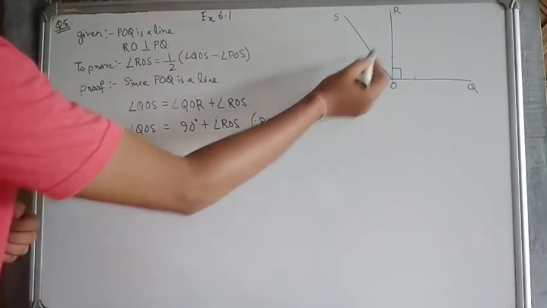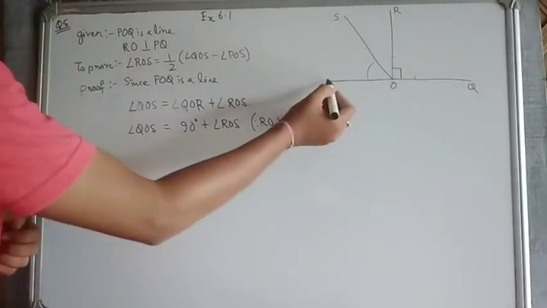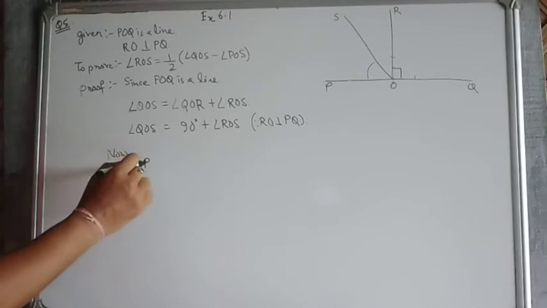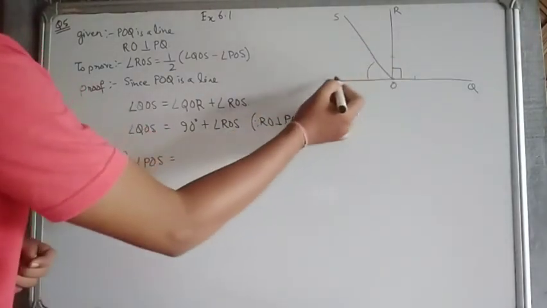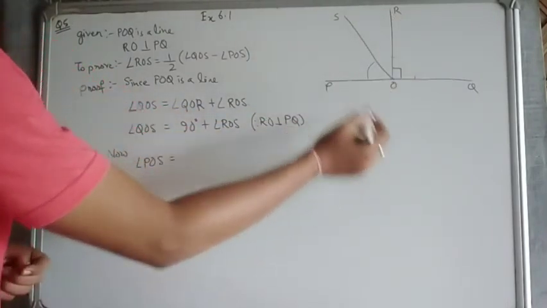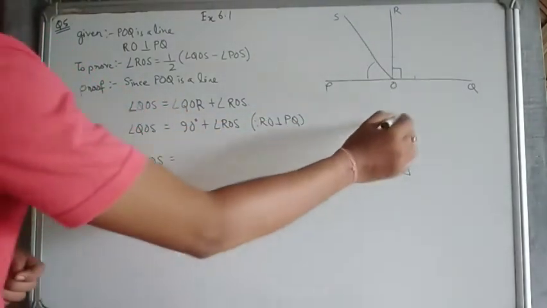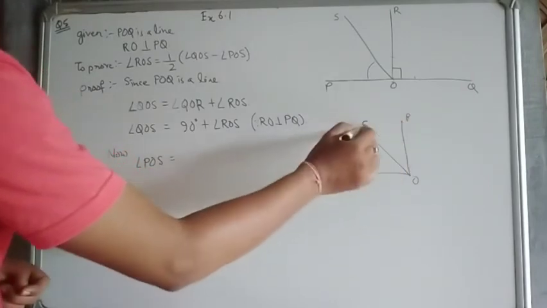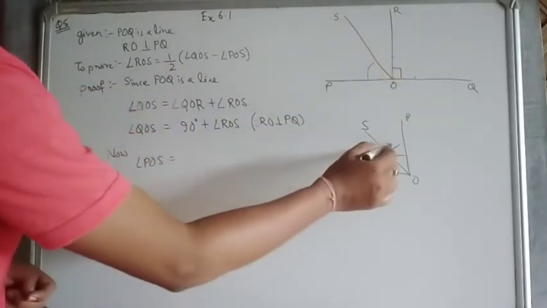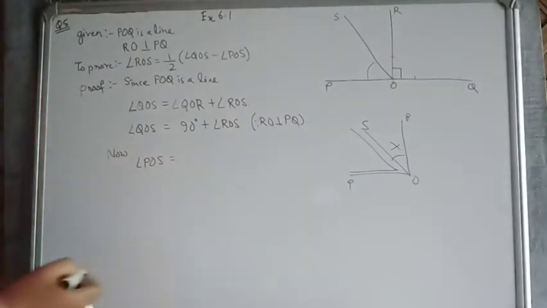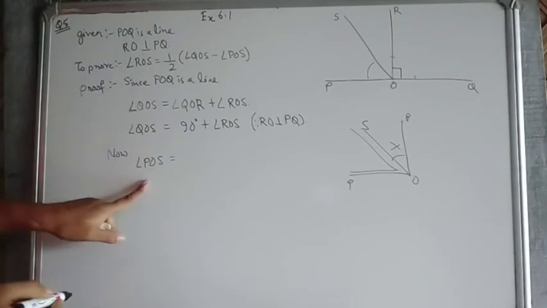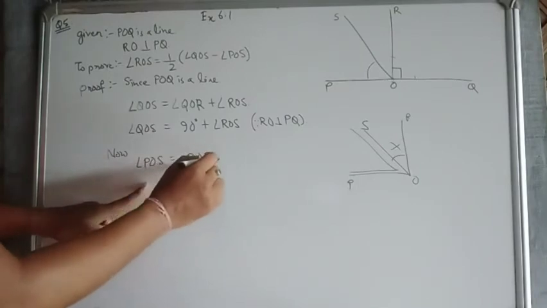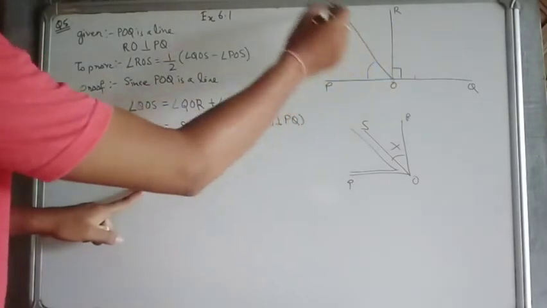What we can do here is, I can say ROP, this total ROP. From this, if I cut this part ROS, what is remaining is our POS. So angle POS will be equal to angle ROP minus angle ROS.